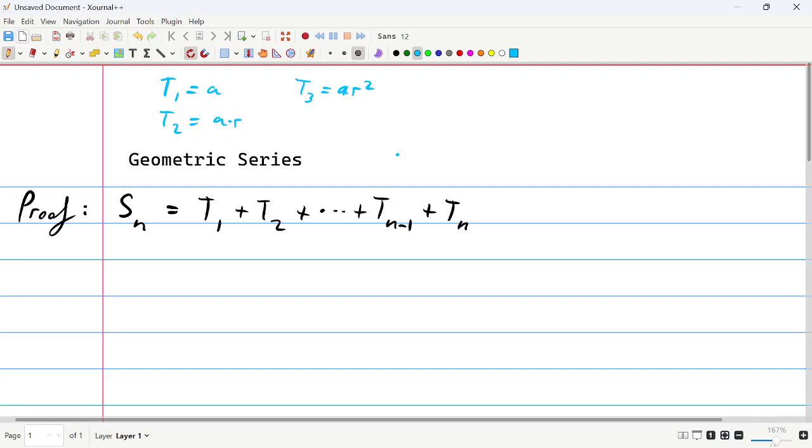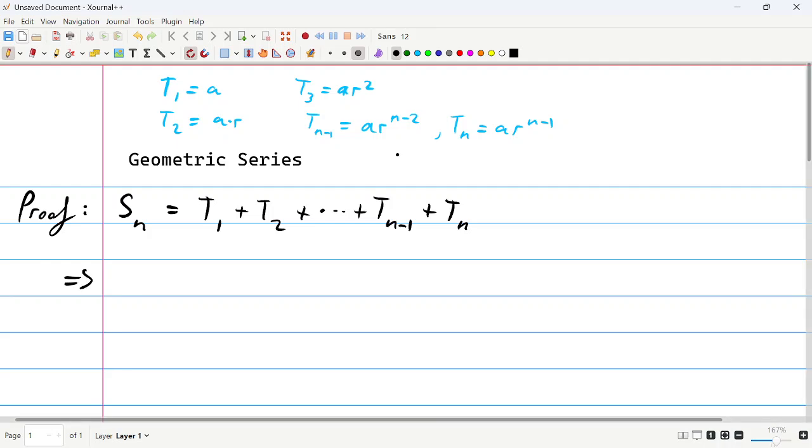And then from here, we are going to go all the way to Tn minus 1, which is essentially going to be A R to the power of n minus 2. And then we're going to have Tn, which is just going to be A R to the n minus 1. So we're just going to substitute from here.